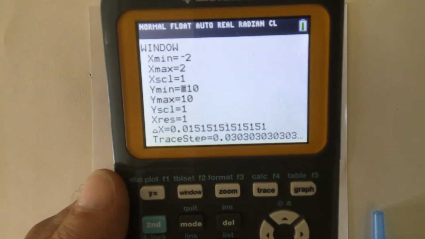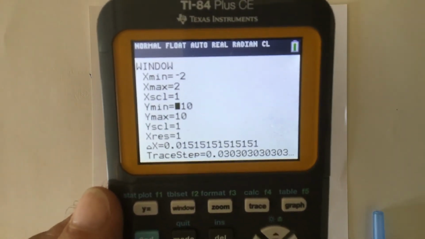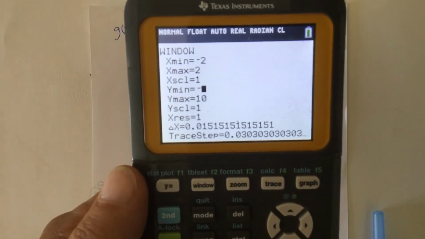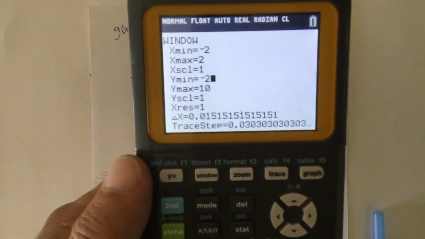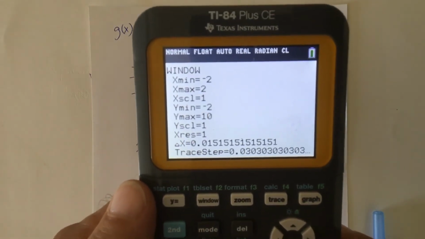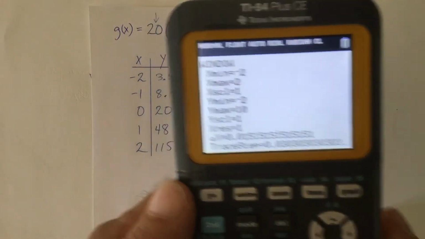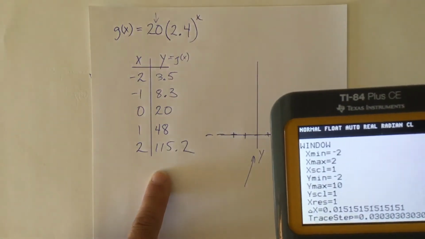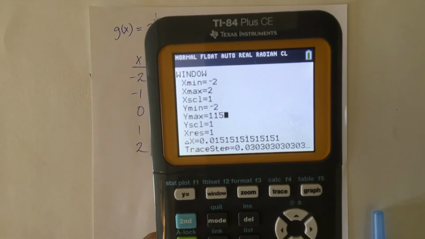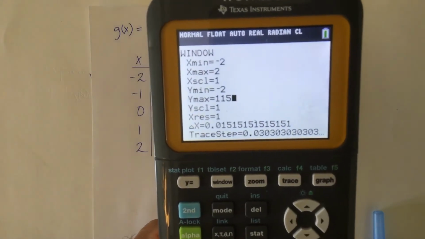But look, do we even need anything in the bottom? We have nothing below the x-axis. So for y min, I'm going to say -2, just so you can see a little sliver of light there. But here's the deal. My maximum value that I got when I plugged stuff in was 115. So let's make y max 115.